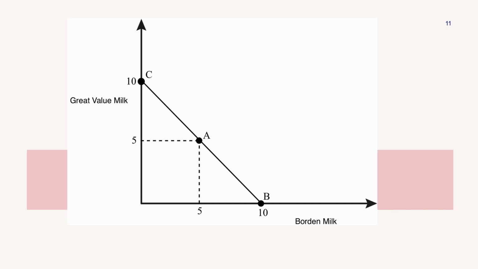So in this one I have the Great Value milk and the Borden milk. 5 cups of the Great Value milk is the same as 5 cups of the Borden milk. So if you're making a cake and you just so happen to need 5 cups of milk, it wouldn't really matter.